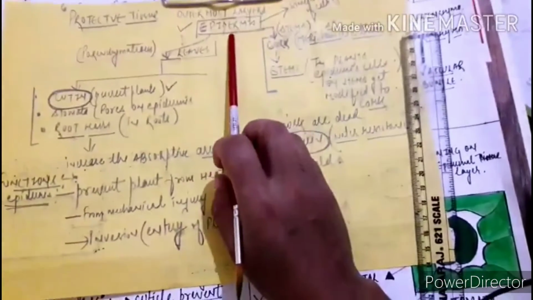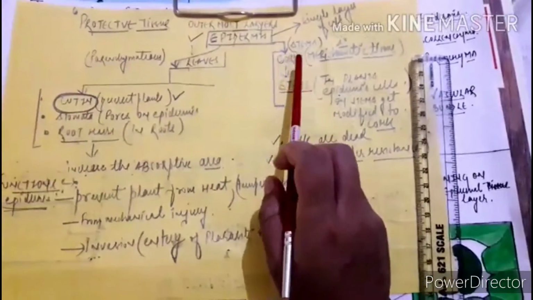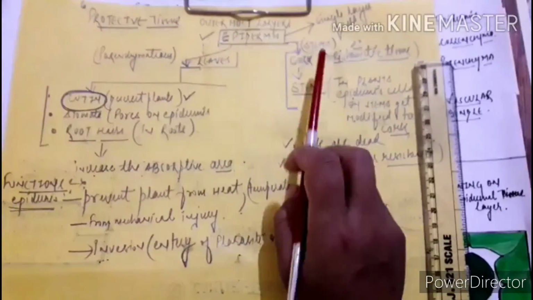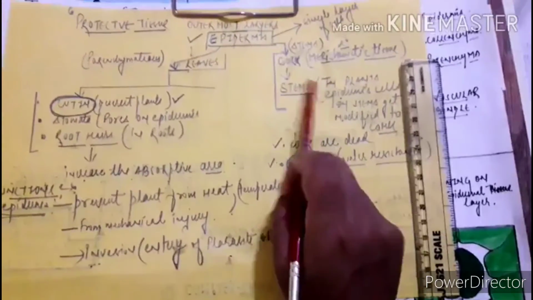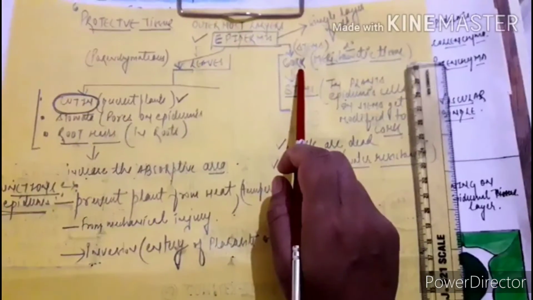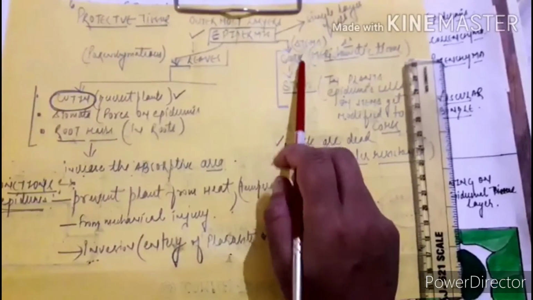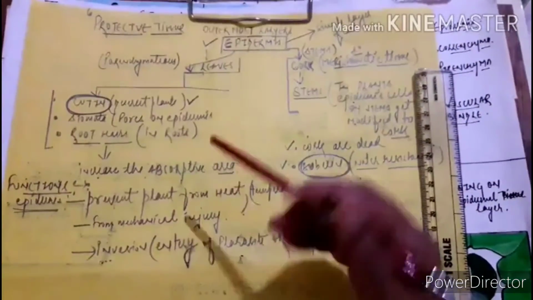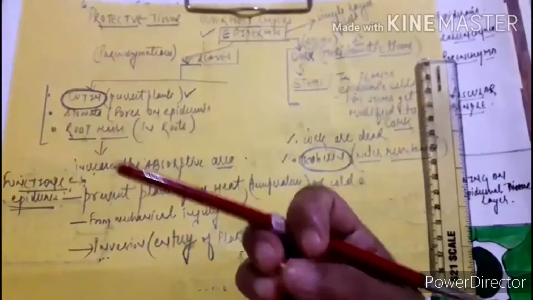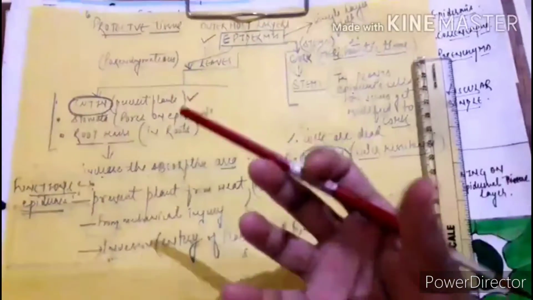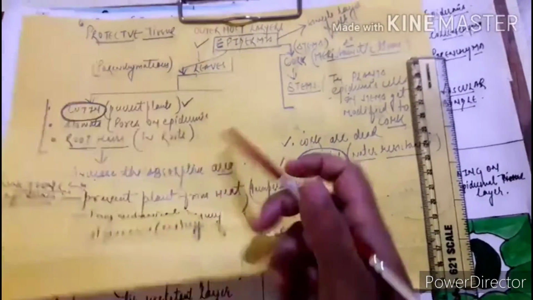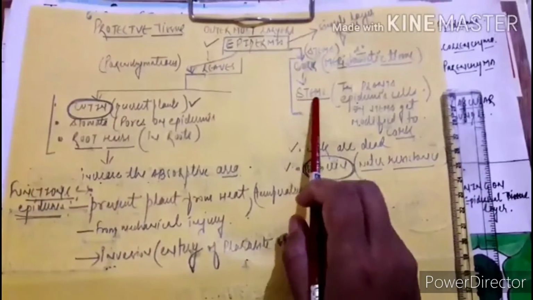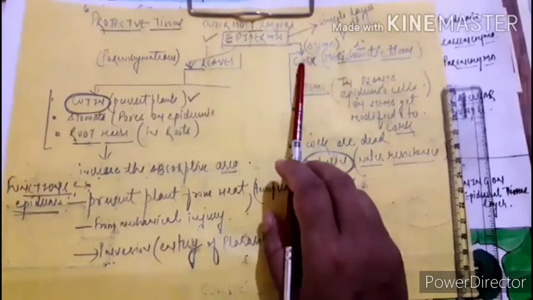First is the epidermis, and in some woody plants, in some bigger trees, you will see cork. One protective layer that is covering the stem is cork. It is present mostly in stems. Epidermis covers all parts of the plant from outside, and cork is present mostly in woody plants and stems. And it is a dead cell.